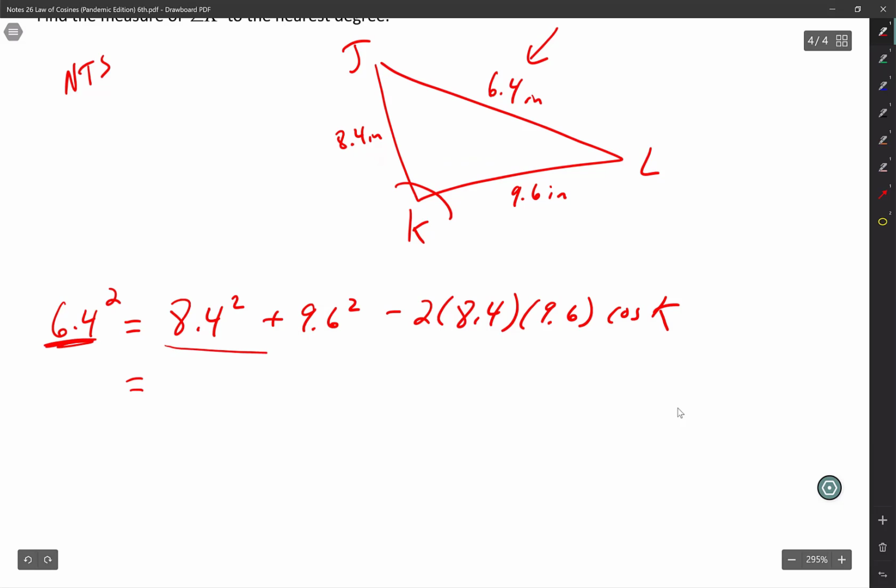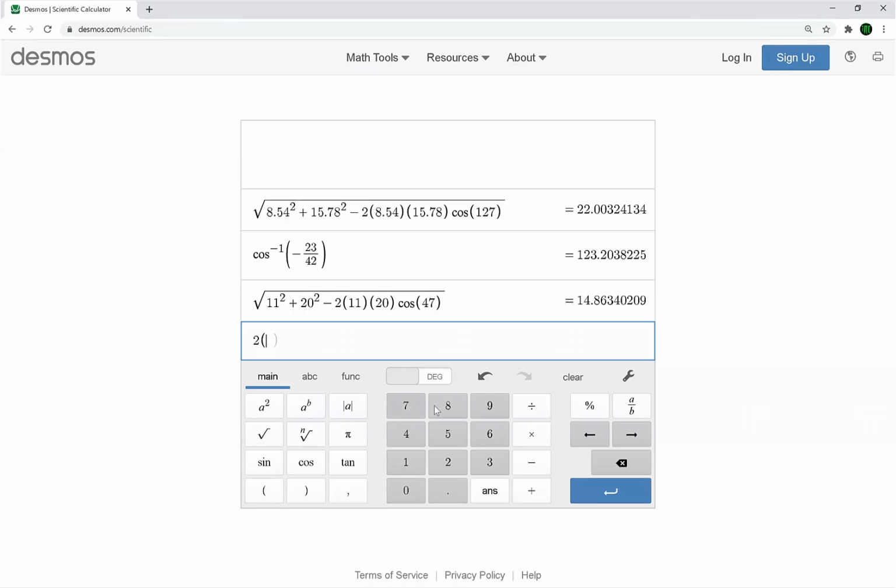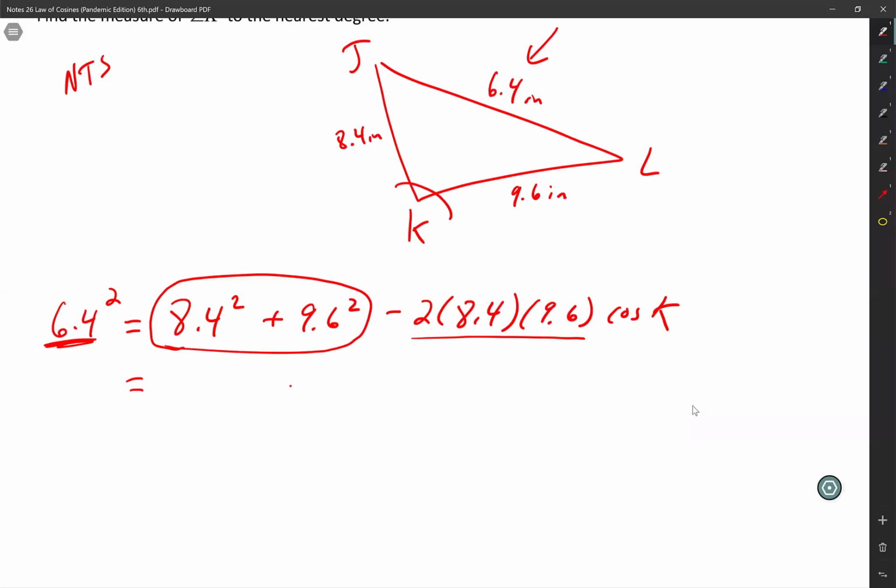And then someone grab 8.4 squared plus 9.6 squared and tell me what that is. And I'll take care of 2 times 8.4 times 9.6. 161.28. Got it. Minus 161.28 cosine K.